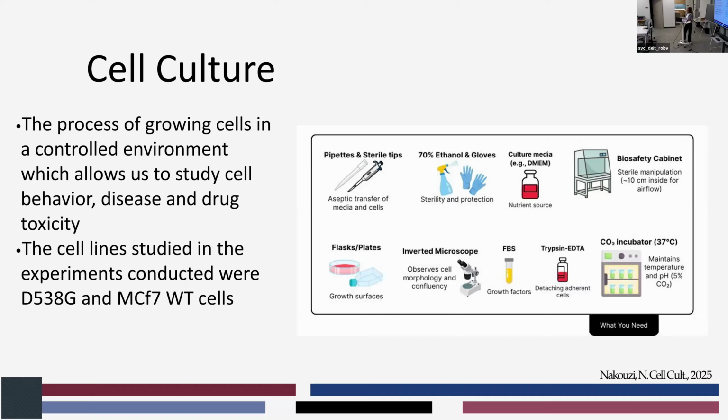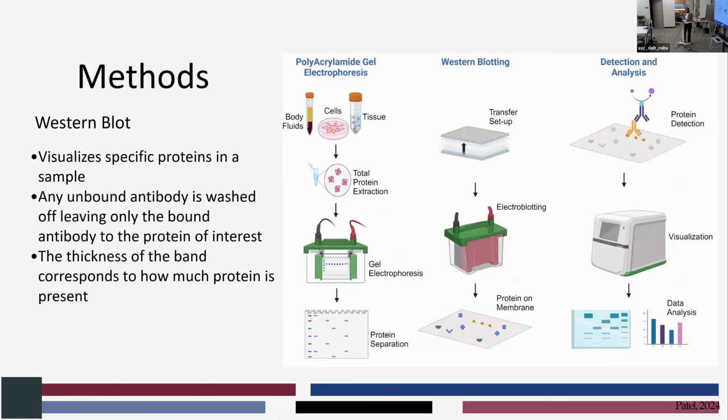MCF7 wild type cells were derived from a 69-year-old woman suffering from breast adenocarcinoma, and are named after the Michigan Cancer Foundation, and are the most studied human breast cancer cell line in the world. MCF7 cells are primarily used as an in vitro model to study breast cancer biology. Due to the number of variants, it has helped advance development of chemotherapeutic drugs and understanding of drug resistance.